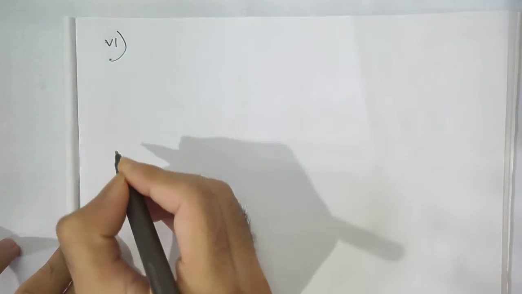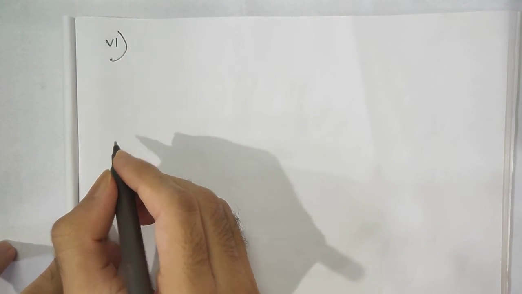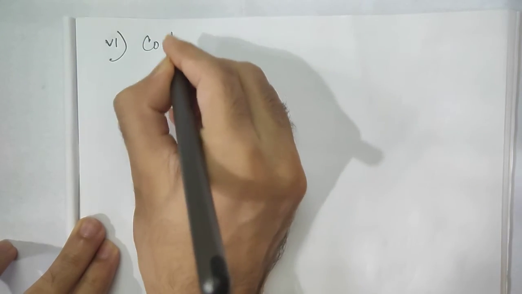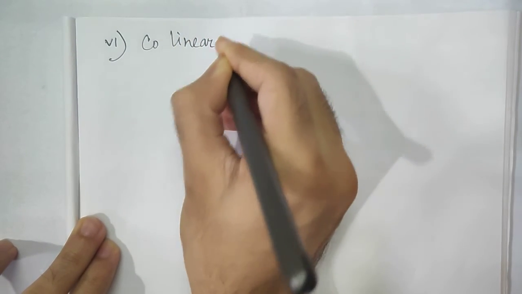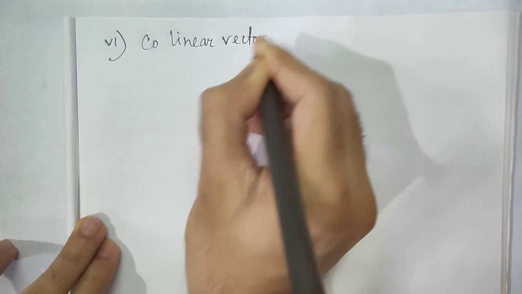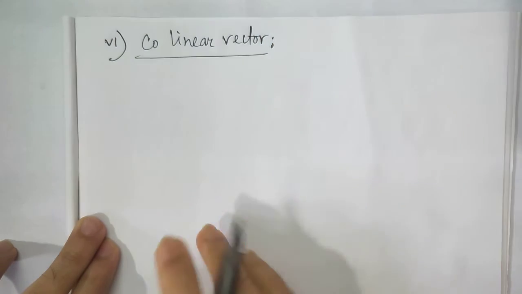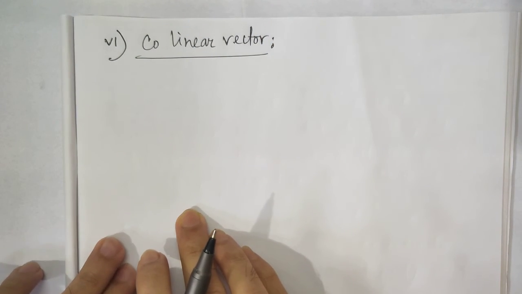Okay. Now, number 6, which is collinear vectors. What are collinear vectors?